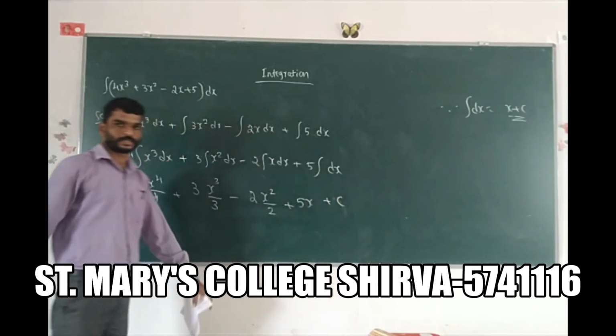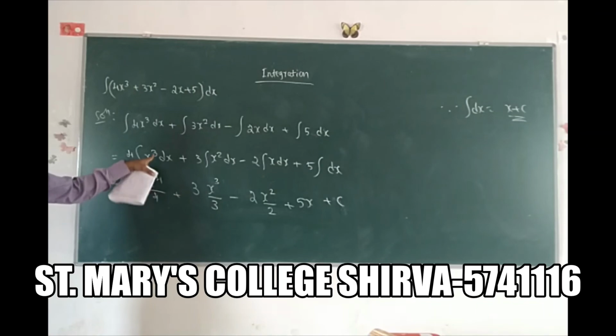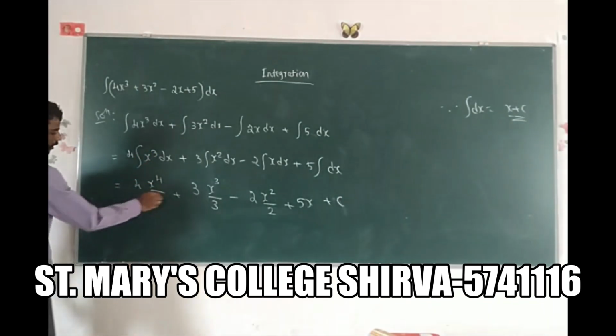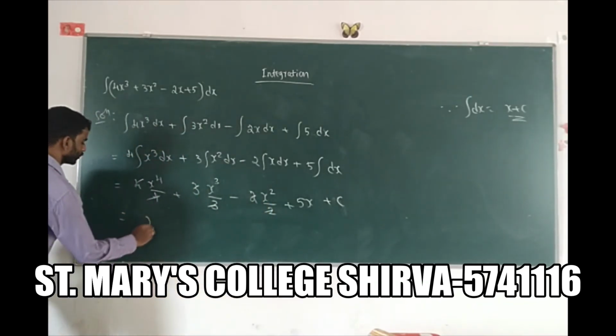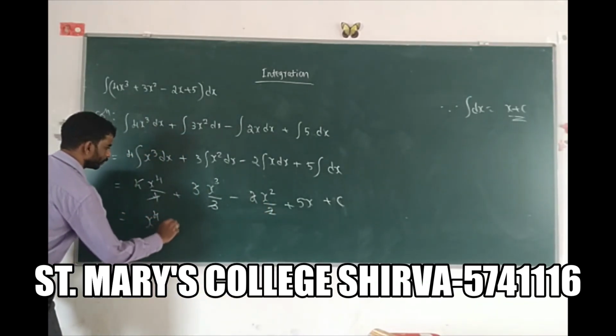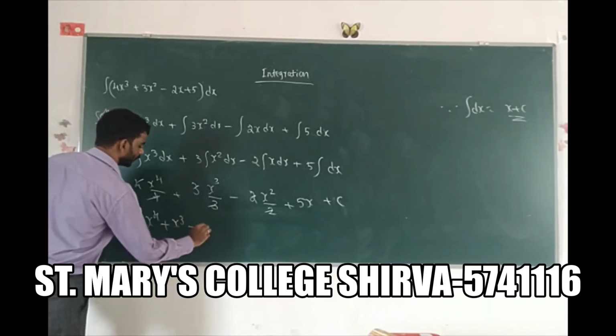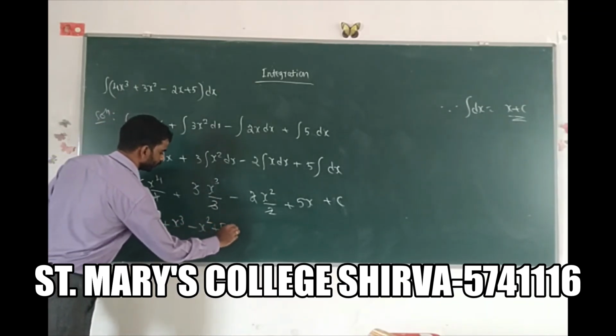C is any constant. Using x power n plus 1 by n plus 1, everything cancels. So the final answer is x power 4 plus x cube minus x square plus 5x plus c.